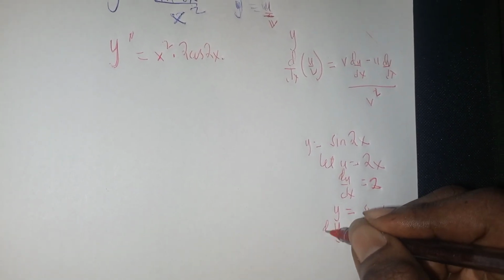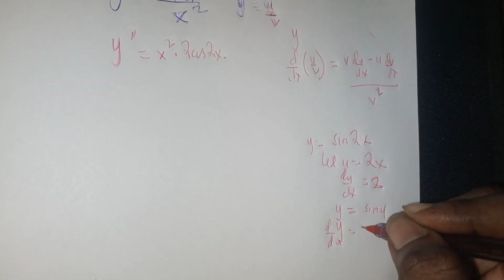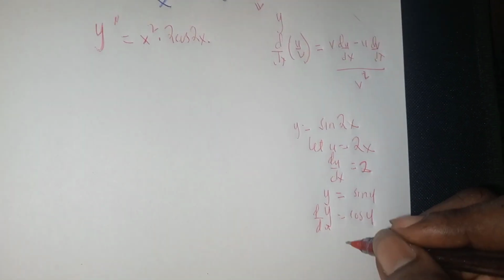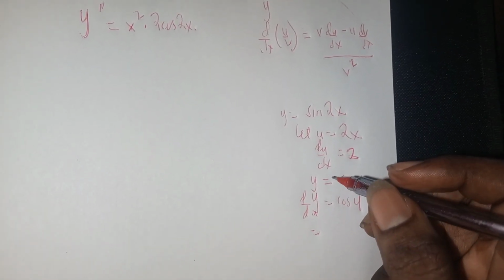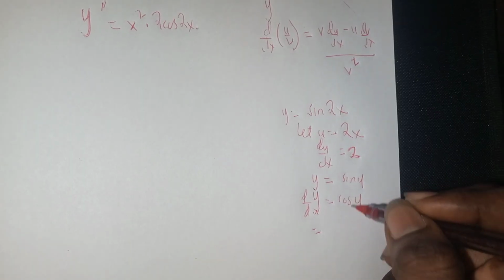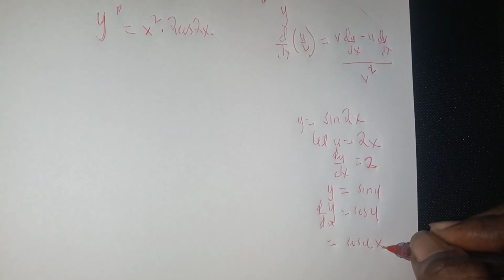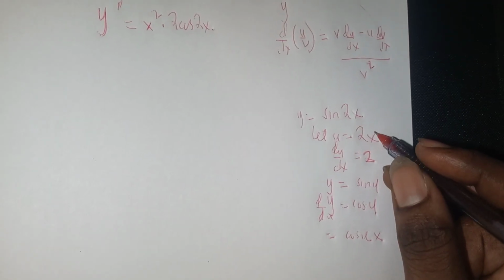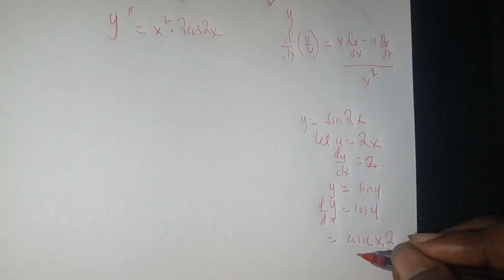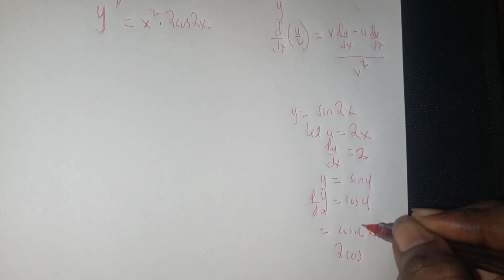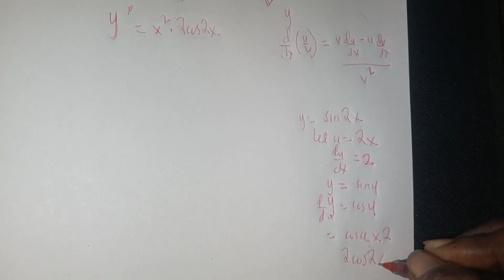If we differentiate sine u, we get cos u. So now dy dx is equal to what? Dy du, which is our cos u, times our du dx, which is our 2. So that's going to be 2 cos, our u is 2x.